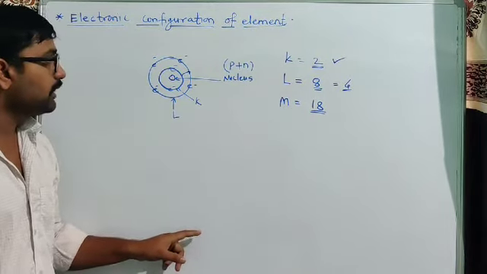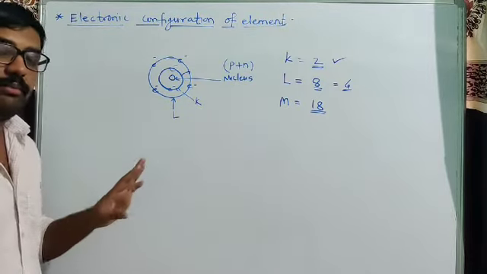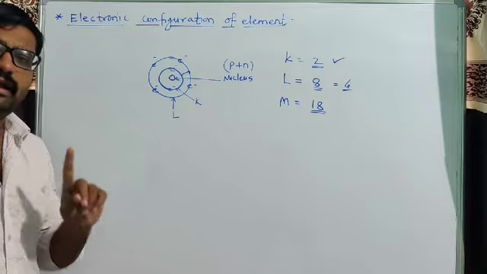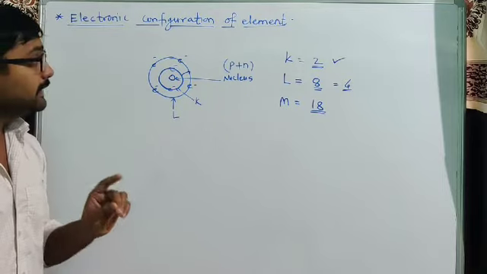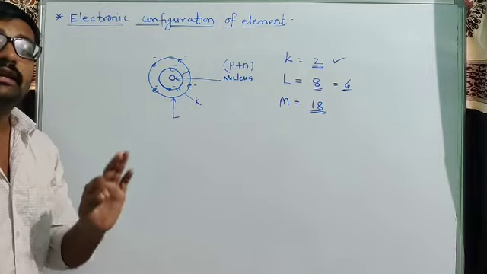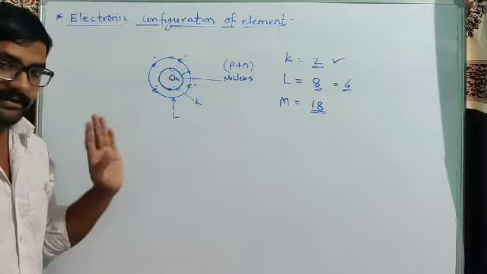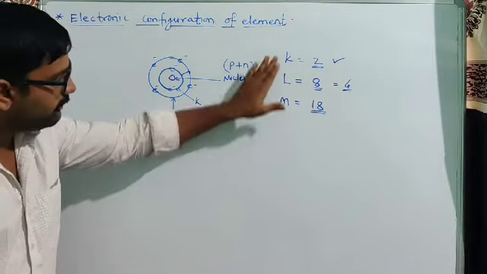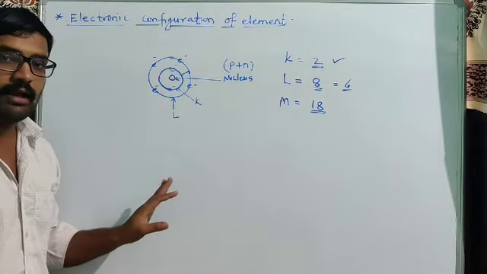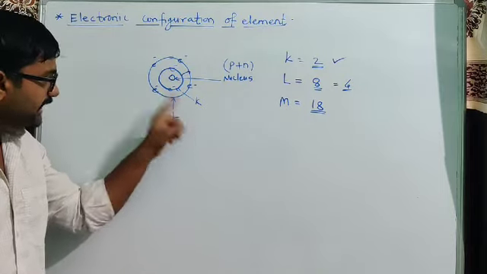In the topic of electronic configuration we have to understand only one thing: the distribution of electrons around the nucleus is systematic, shell wise, and you have to remember the maximum capacity. We have to start filling from the K shell.